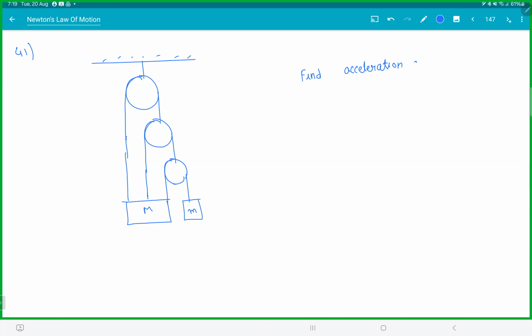So you have to go back to the standard process. What is the standard process? Choose your system, draw the FBD, assign accelerations, find the relation between them, apply forces, resolve forces along x and y, right? Apply F equals ma and solve. That will always work. So the shortcuts which I teach you will work only for some specific cases. So be very clear when you can use them and when you cannot.